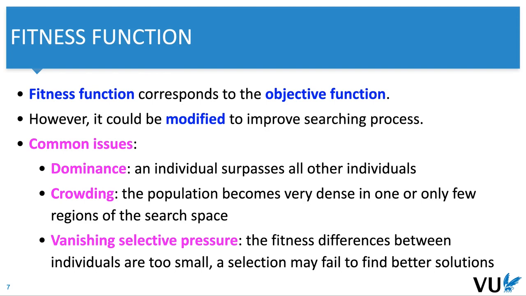Another potential issue is crowding. Again, it could be that some individuals attract all others to some region. And then the search becomes very dense in this region, all right?